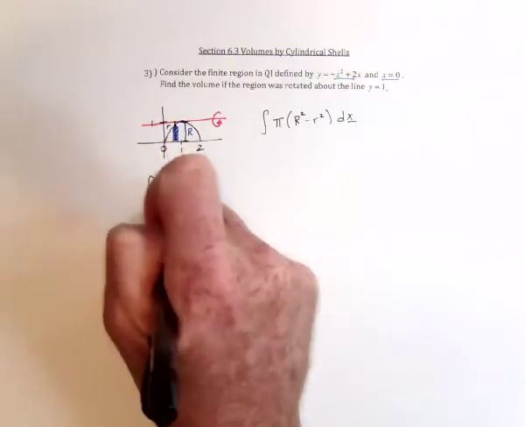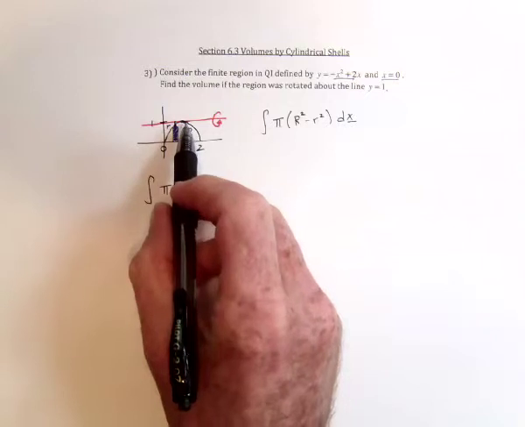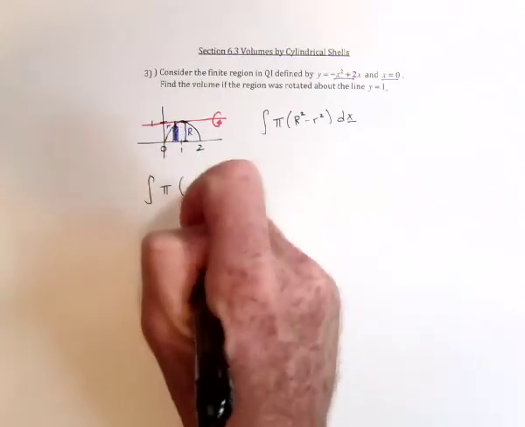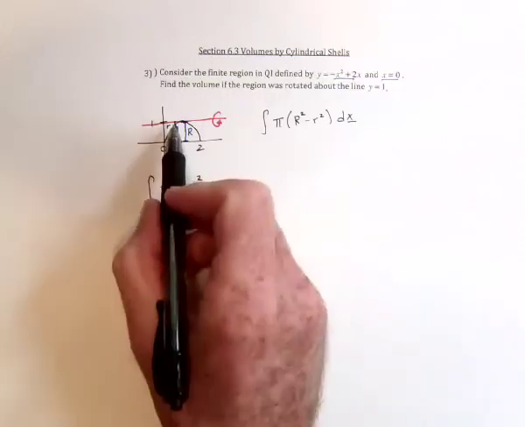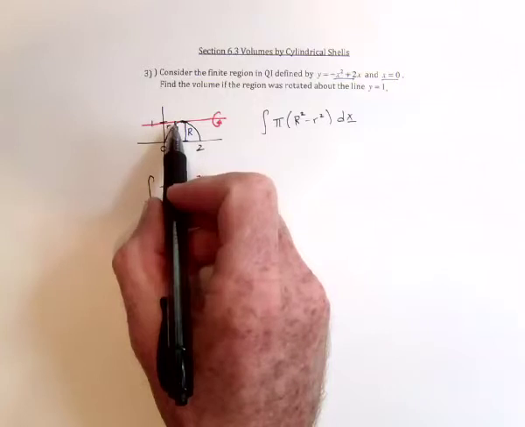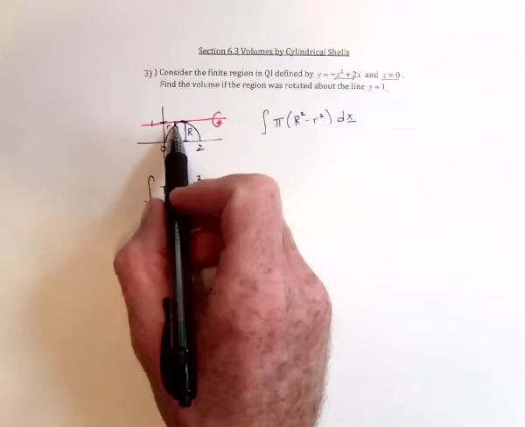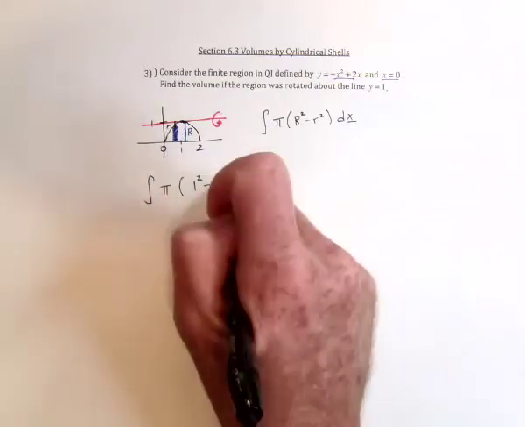Okay, so we've got integrate pi. The big radius is going to be from up here down to there, so that's a length of 1. And then the little one is this little gap right here. Well, at the top, it's at a height of 1. And at the bottom, it's at the height of a parabola. So the length of this gap is the top number minus the bottom number.